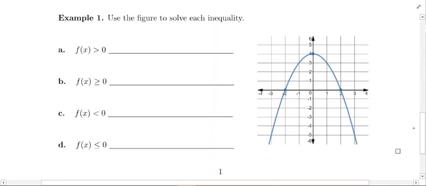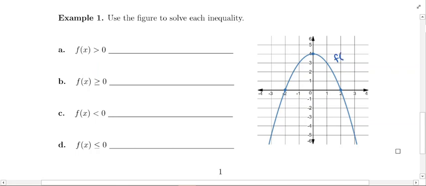You see 4 inequalities here in parts A through D. You also see a picture of a parabola. Notice there is no formula here. There's no equation, there's no inequality. All you have is this picture of a parabola, and these 4 inequalities that you need to solve, and each one involves something called f of x.